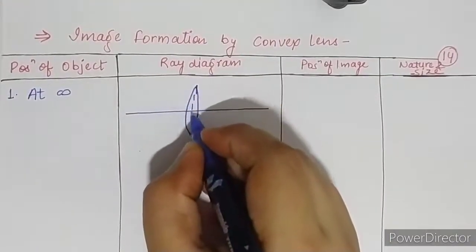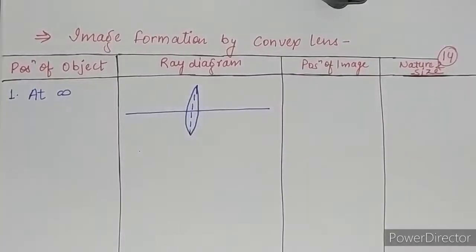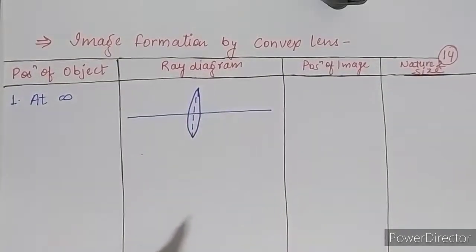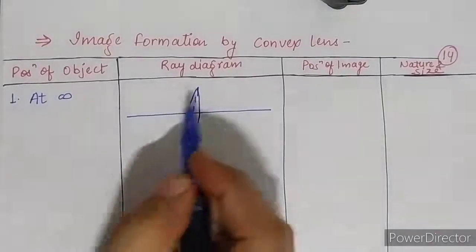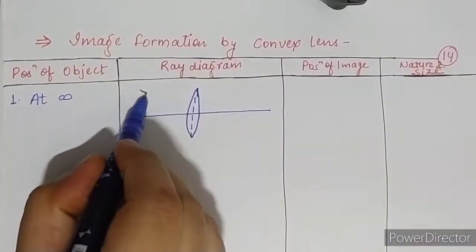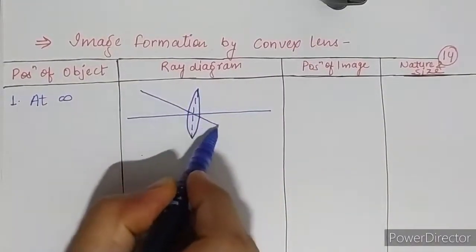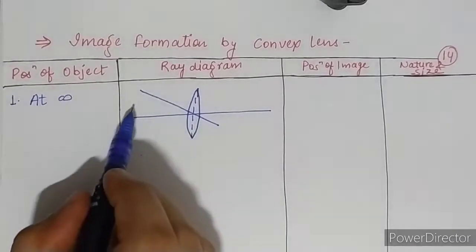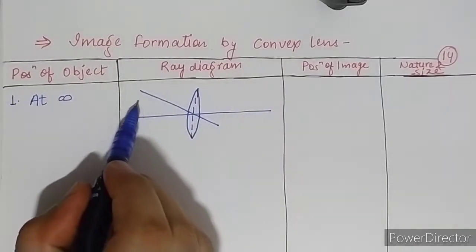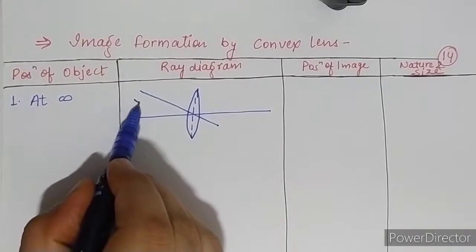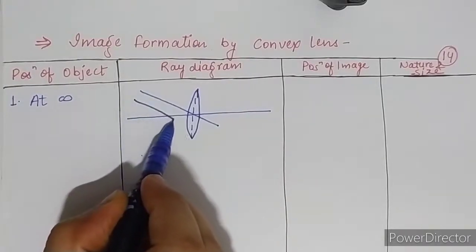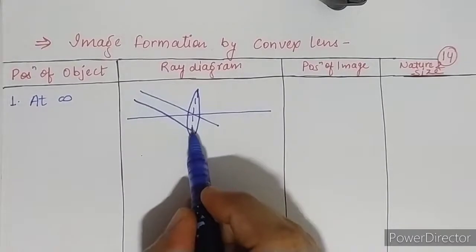Now suppose the object is at infinity, so one ray is coming through the optical center and another ray is coming through the focus. When it comes through the focus, it will go parallel.